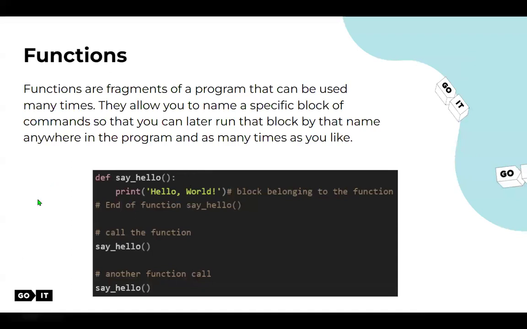All right, so functions. These are basically fragments of a program that can be used multiple times over, and you can call on it as much as you want, if you're working on a really long code within one particular cell.